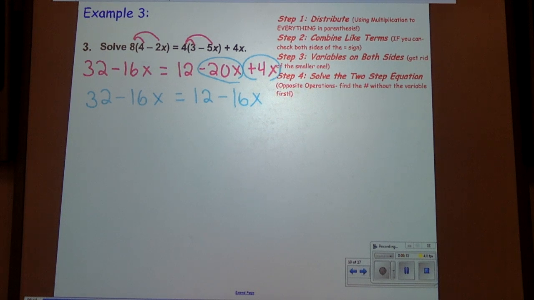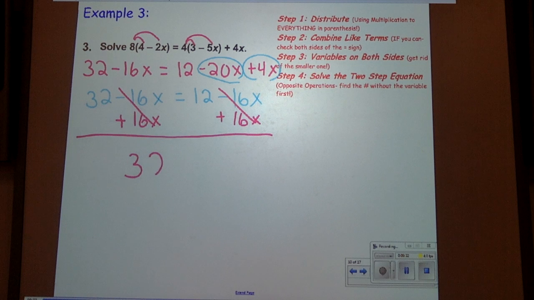All right, we have variables on both sides, so we're up to step 3. So negative 16x, we're going to add a 16x to both sides. Okay. So again, our 16s are going to cross off on both sides of the equal sign. And we're left with 32 equals 12. Okay, so this is a little different.